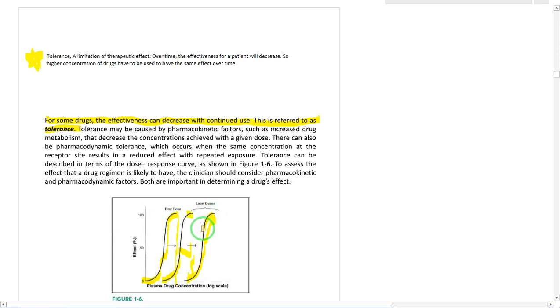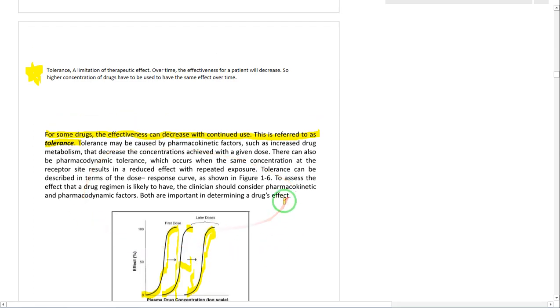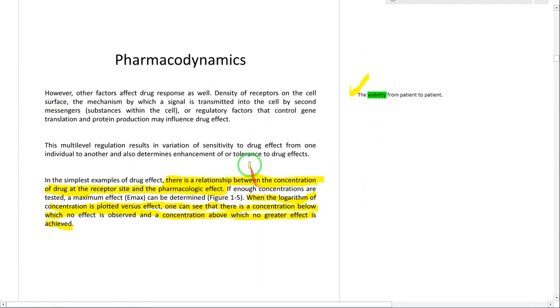It also affects the pharmacodynamics of the drugs, because we just mentioned that pharmacodynamics deals with the concentration of the drug that has been administered in the body, and also the effectiveness of that amount of drug.